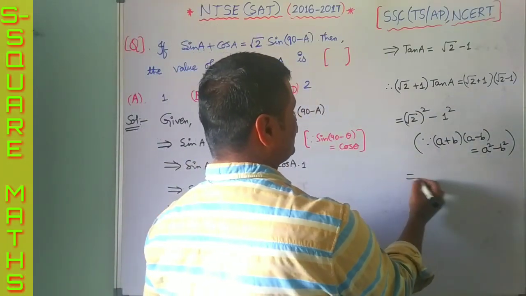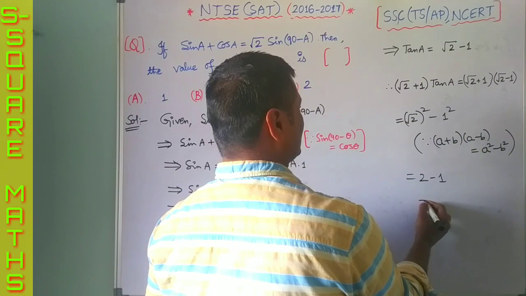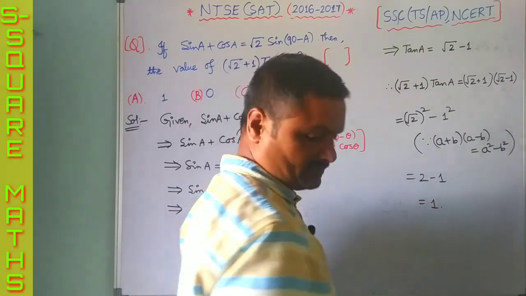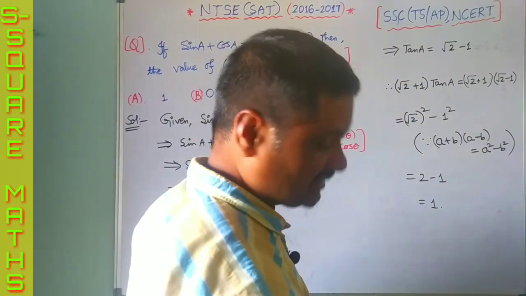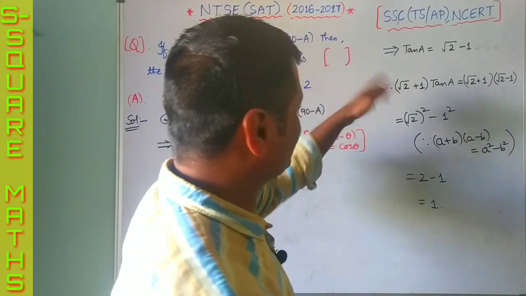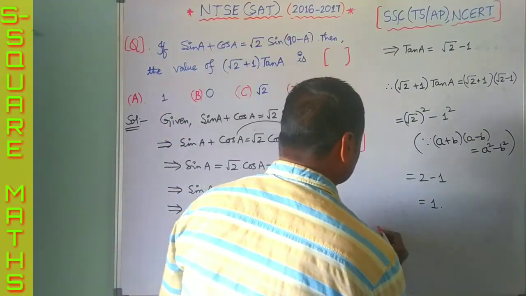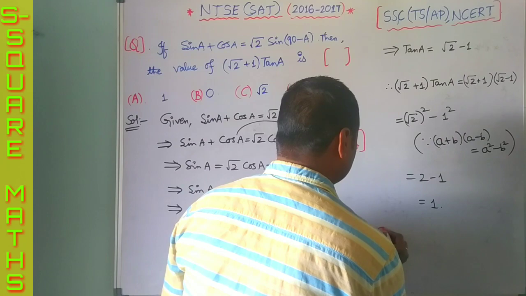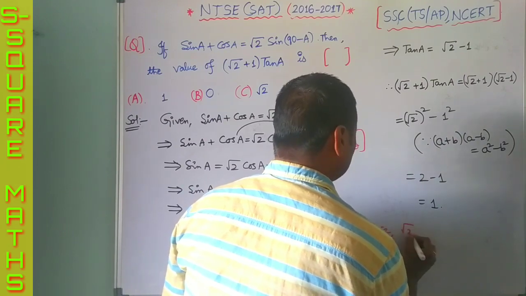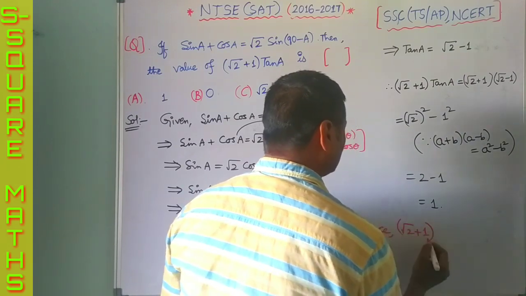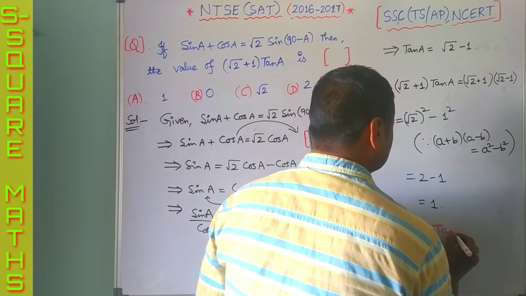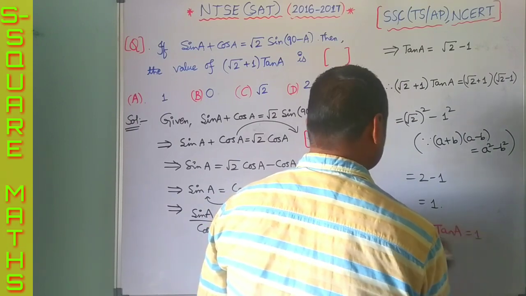Root 2 whole square is 2, minus 1 square is 1, which finally gives 1. Therefore the value of the required expression, root 2 plus 1 into tan A, is equal to 1.